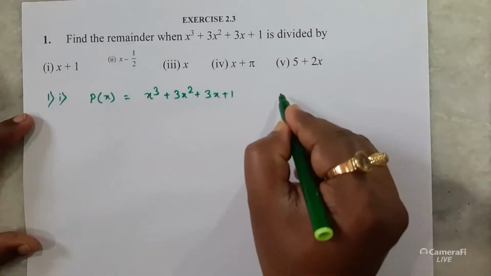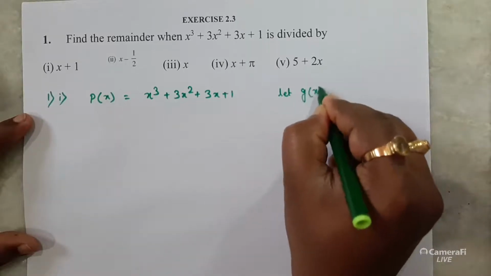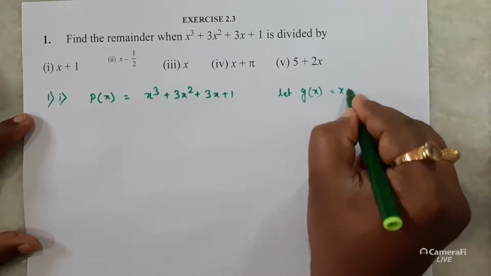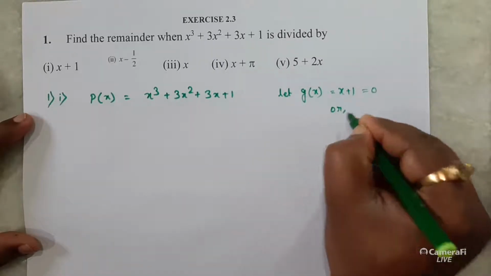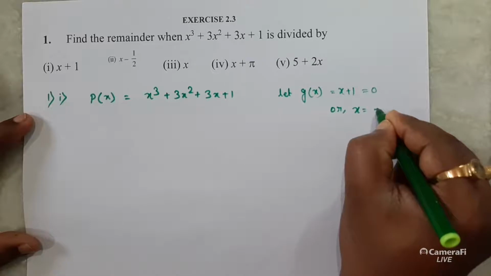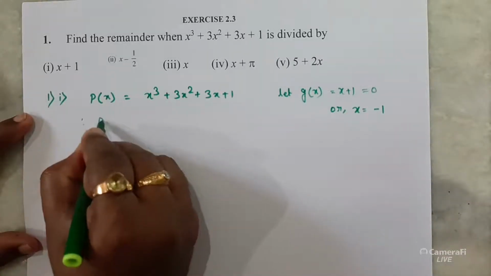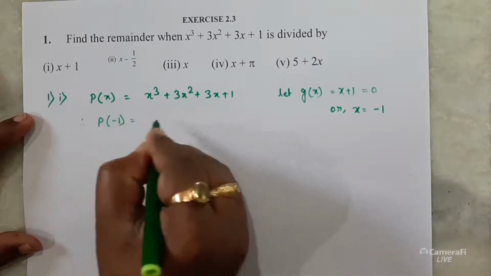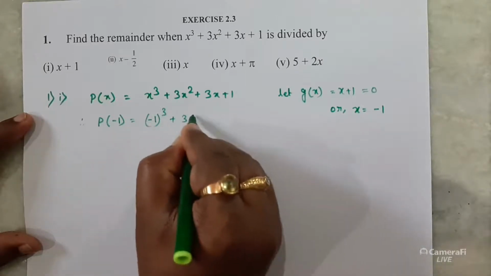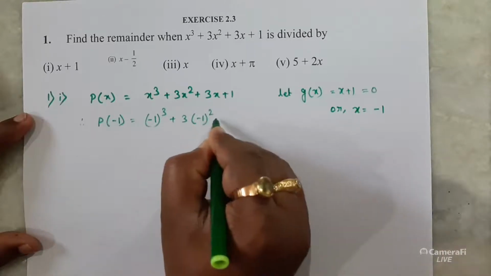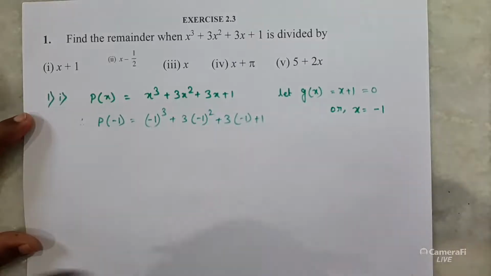Let g of x equals x plus 1 equals 0, or x is equal to minus 1. Therefore p of minus 1 will be minus 1 whole cube plus 3 into minus 1 square plus 3 into minus 1 plus 1.